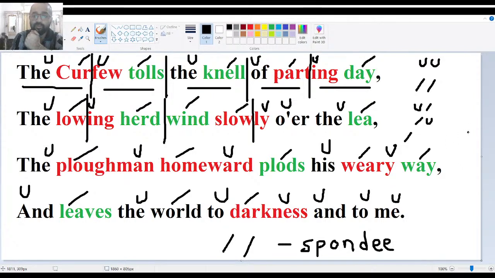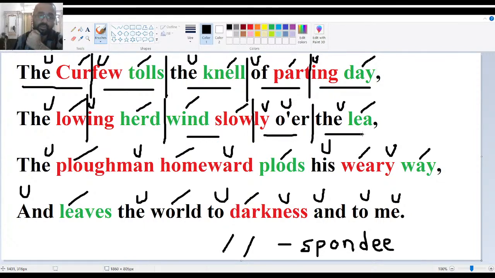So these are the permissible, the valid units that you get in English prosody, and you have to look for them while scanning a poem. So wind slow you can cut after that, but certainly not after li, because it would give you a form that is not accepted in English poetry. So you have to cut it here: wind slow, li, or. So we get a spondee first, and then a pyrrhic, and then a regular iamb, right?